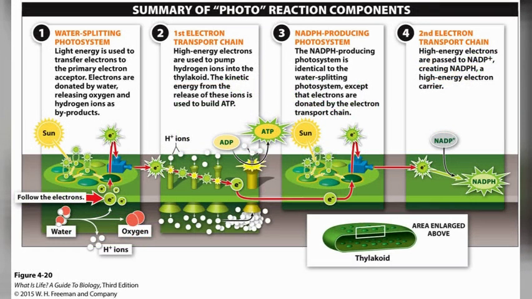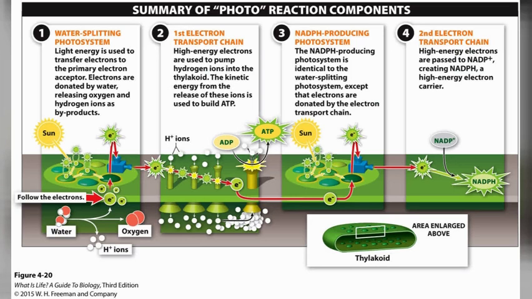Recall that the energy capturing and energy transforming processes of the photoreactions occur in two photosystems. These are arrangements of chlorophyll and other light-catching molecules. The electron transport chain physically links the first photosystem to the second. As the traveling electrons continue their journey, they fill electron vacancies in the reaction center of the second photosystem, right next to the first photosystem. You can see this in the image shown.